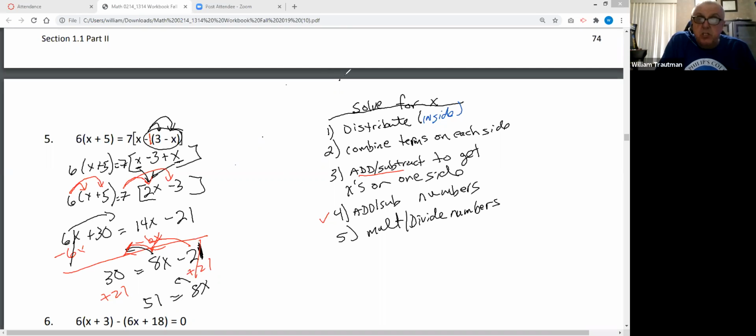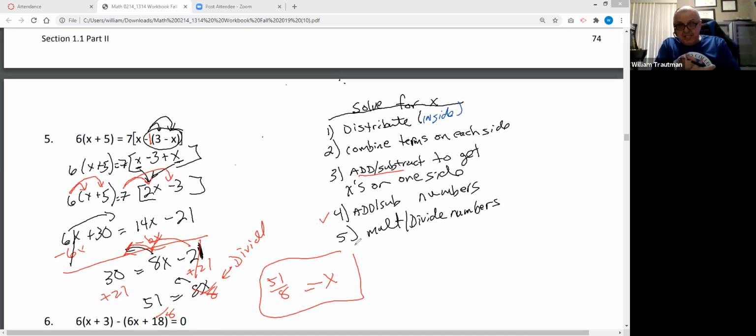It's multiplying, so we divide by 8. Divide by 8, divide by 8. And x equals 51 over 8. It doesn't reduce. I don't think it does. 3 times 2 times 20. Yeah, I think that's it. And you can put that in your calculator to verify that it doesn't reduce. Don't forget about that.